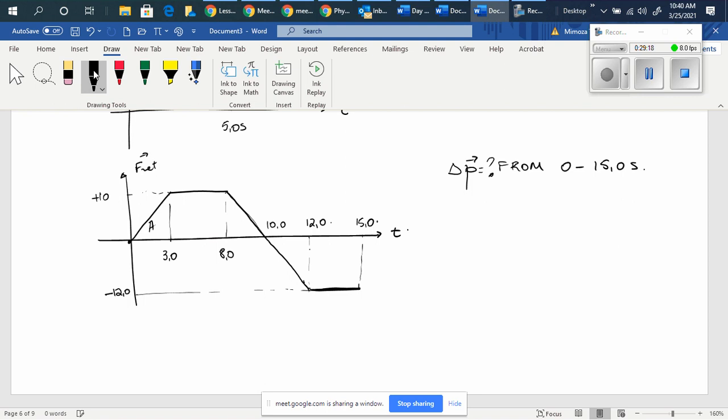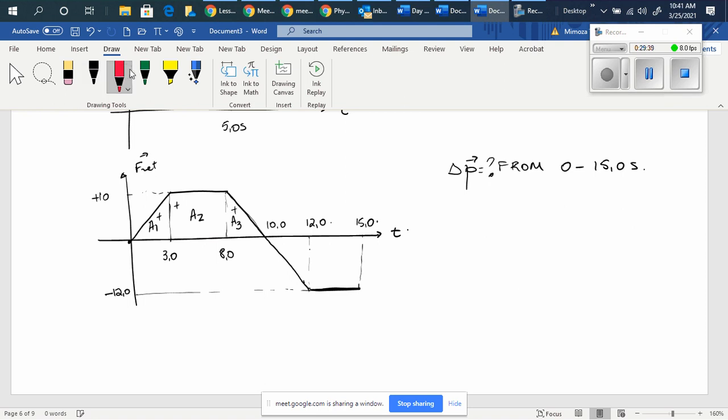We have area 1, a triangle, that we calculate as positive. Area 2 is a rectangle, from 3 to 8. Area 3 is a triangle as well and is positive, so they are all positive areas.